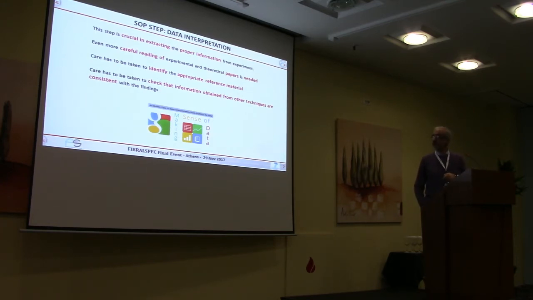And generally speaking, it would be nice not to rely on a single characterization technique, but to put together many techniques that all give the same kind of information. They bring you in the same direction.